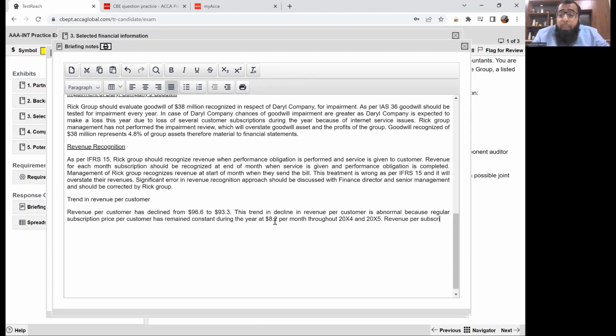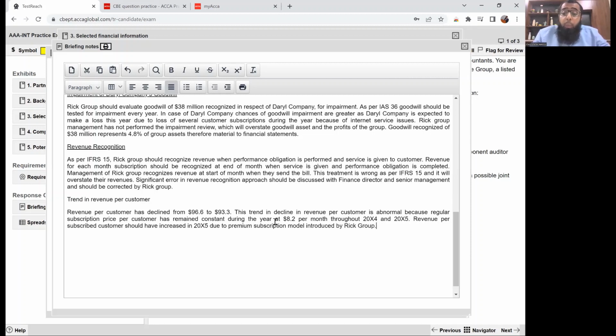Revenue per subscribed customer should have increased in 20x5 due to the premium subscription model introduced by RIG Group.